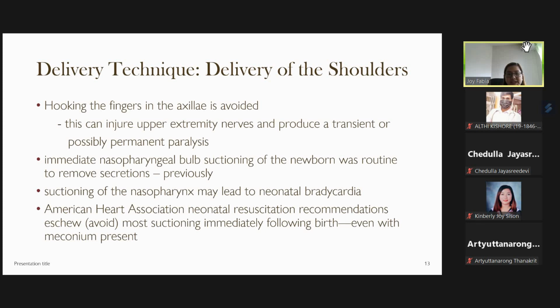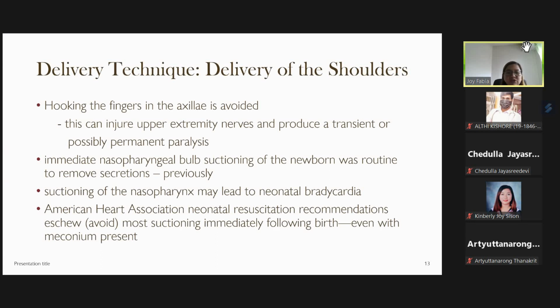Putting the fingers in the axilla is avoided. Why? Because it can injure the upper extremity nerves and produce a transient or possibly permanent paralysis. Immediate nasopharyngeal suctioning of the newborn was previously routine to remove secretions.